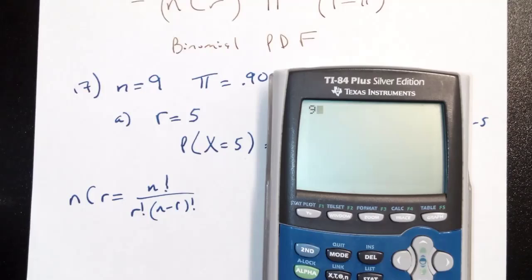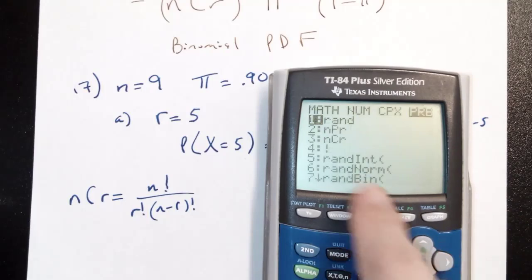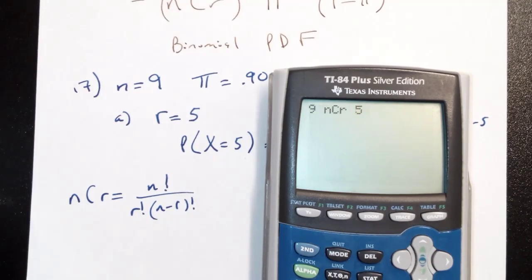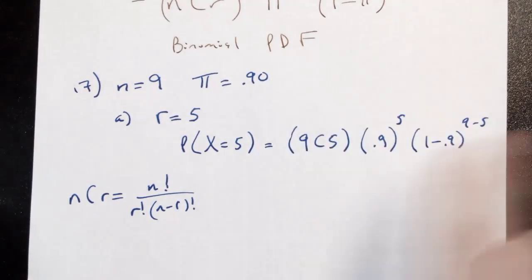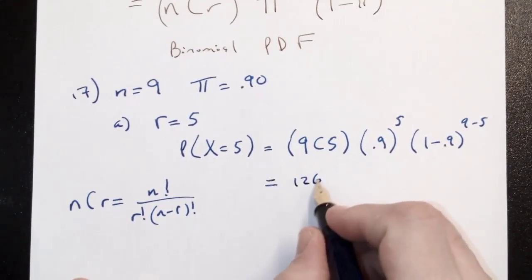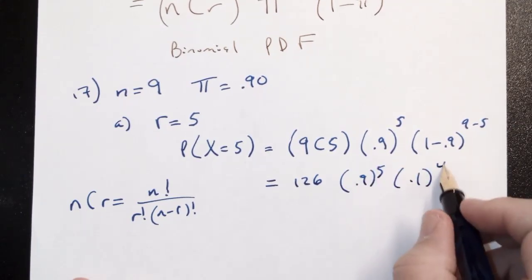Nine, and then I go math, PRB for probability. There's my NCR. 9, NCR 5. So that number goes here. 0.9 to the 5th, 0.1 to the 4th.